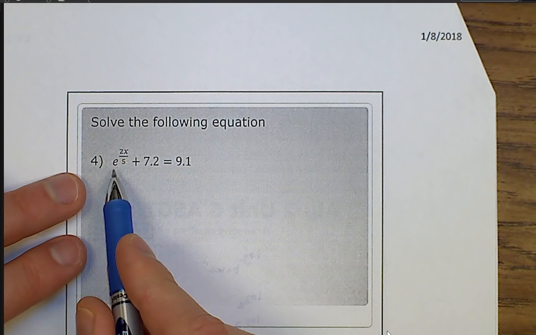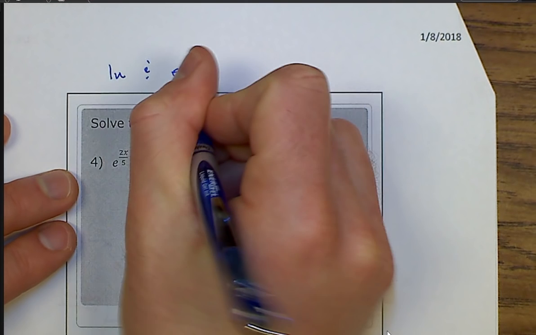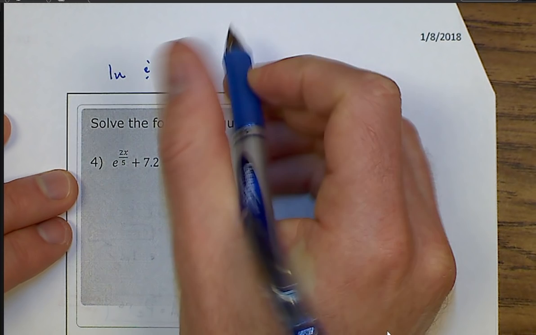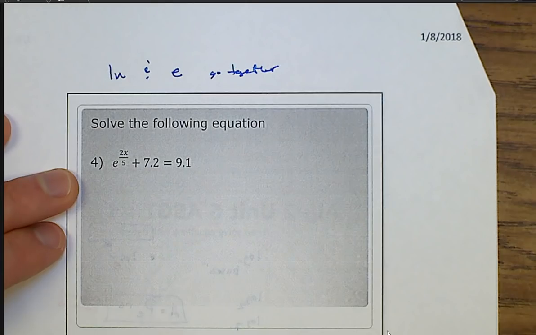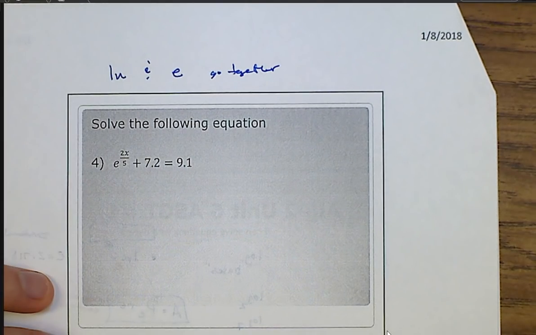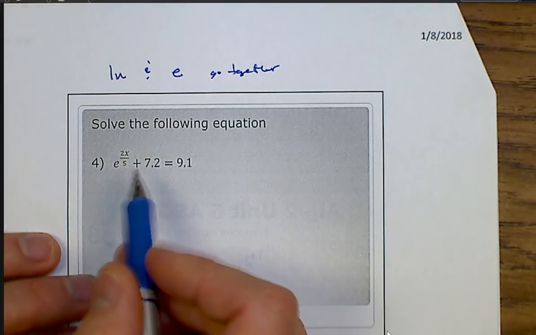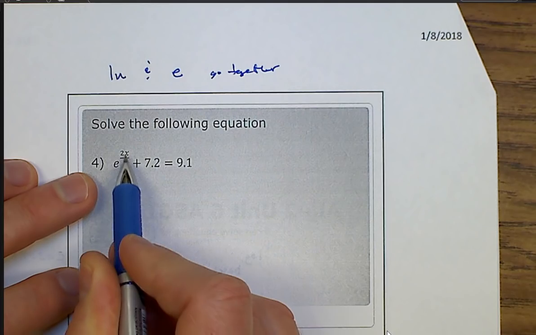What I need you to know is that ln and e go together. We're going to use ln and e, partners in crime, to work out what we need to work out. So this is an e. We want to isolate this exponent. Remember, e is a number.